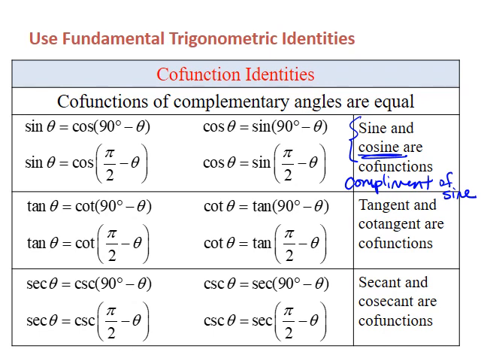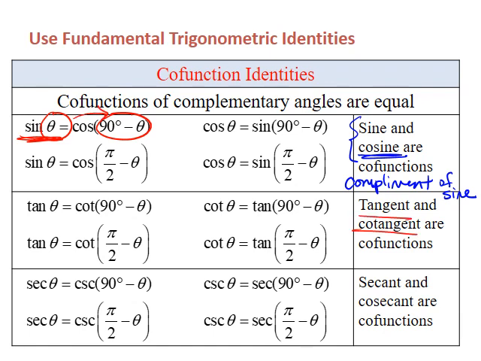And you should remember from previous lessons that the complement or complementary angles add to be 90 degrees. So with that being said, sine of theta is equal to cosine of 90 minus theta, because these two angles have to add to be 90 degrees.